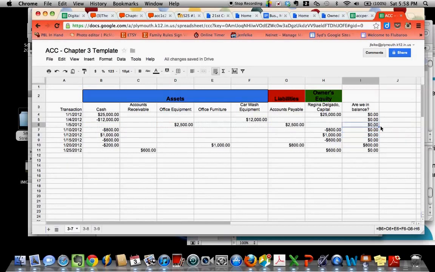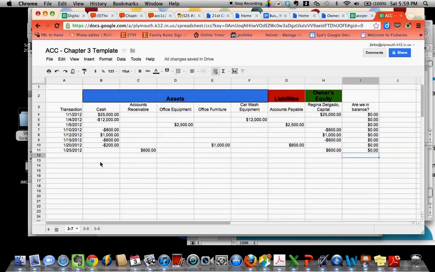There we go. I got it. I don't know why that formula was off. And this again should be. There we go. So we're in balance. We've got zeros all the way across.